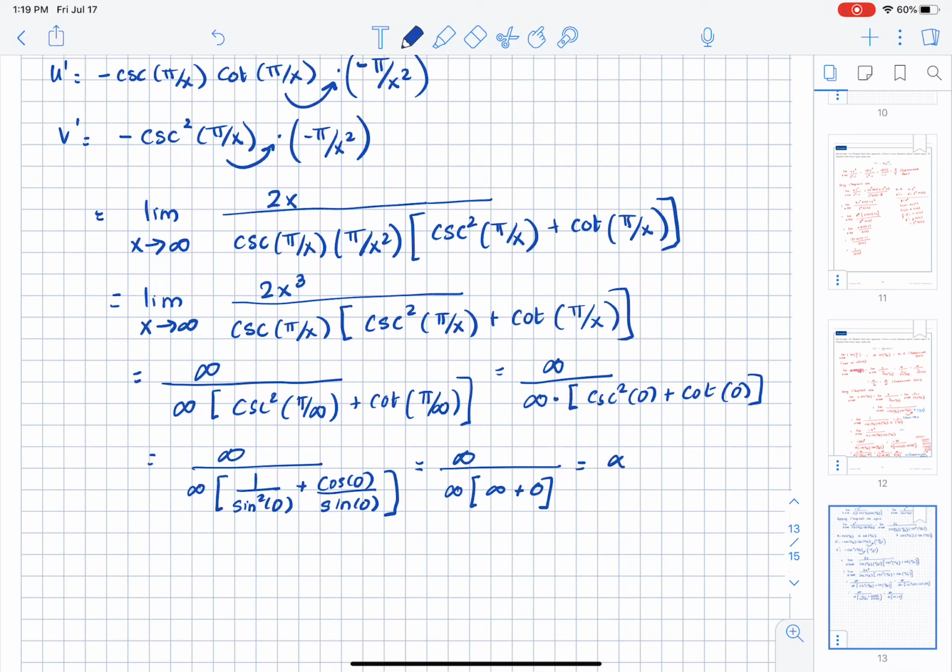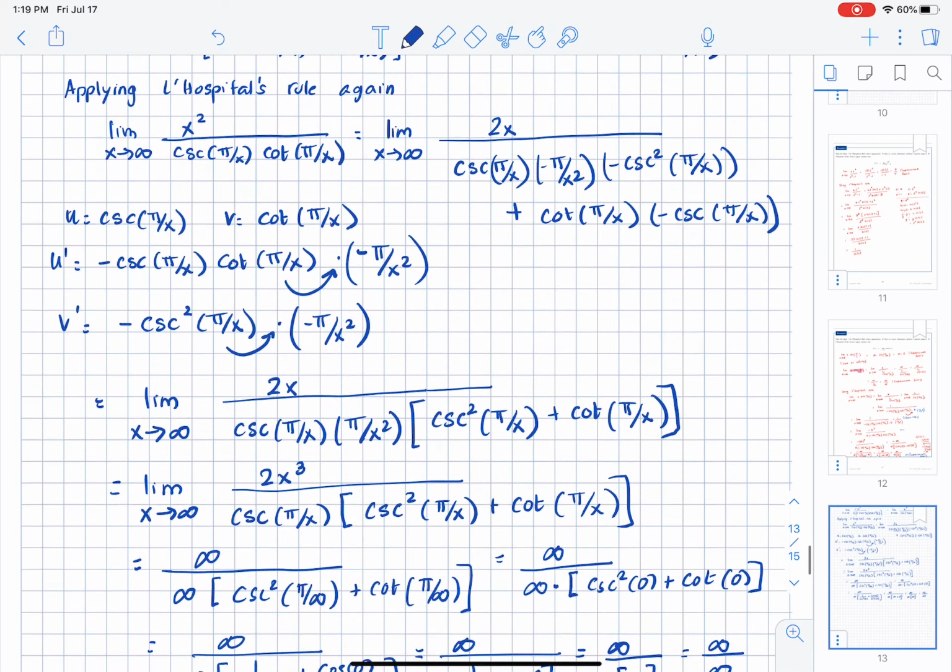We have infinity over infinity times infinity, which gives us another indeterminate form, infinity over infinity.